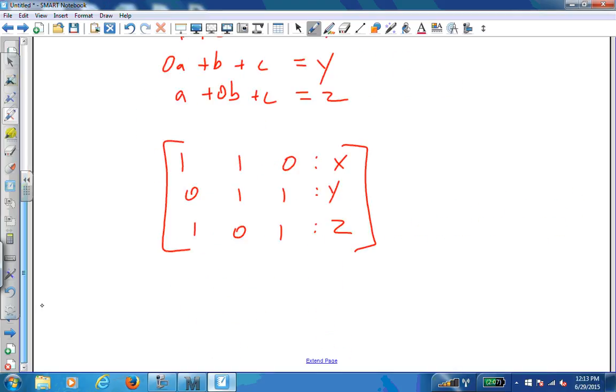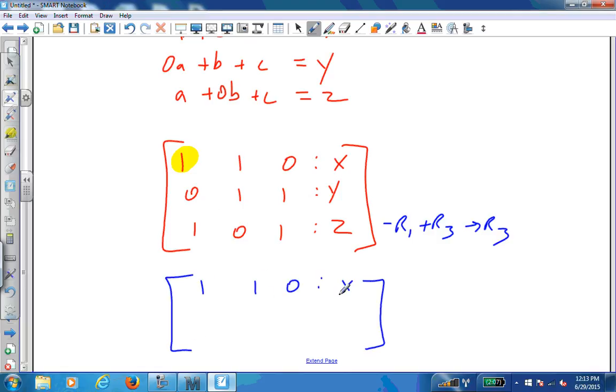So we have a pivot here, we need a 0 underneath it, so let's take the opposite of R1 plus R3 to get our new R3. So 1, 1, 0, X, 0, 1, 1, Y. Negative 1 plus 1 is 0.